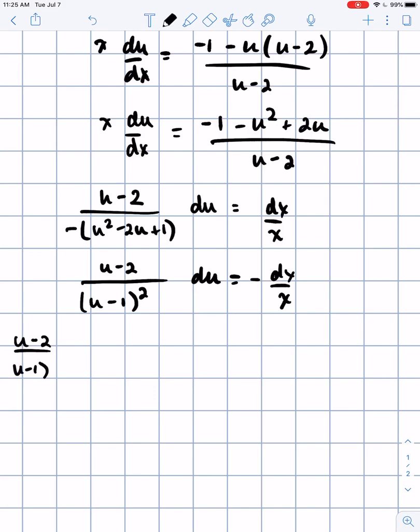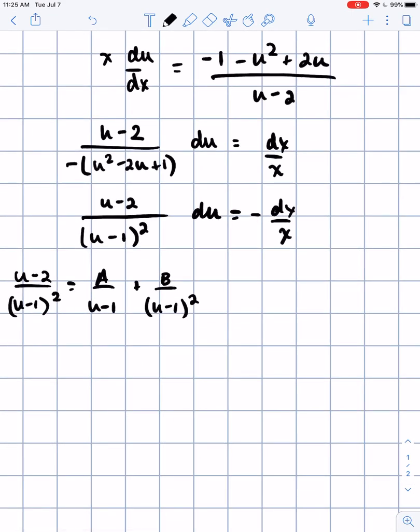So you have two repeating factors, meaning that you could have a factor by itself plus a factor squared this way, okay? Now there's still going to be a and b, okay? So what we'll have here is, in order to solve this, you still will do a common denominator, so it's going to be a times u minus 1, but b is left alone. So we can solve for b.